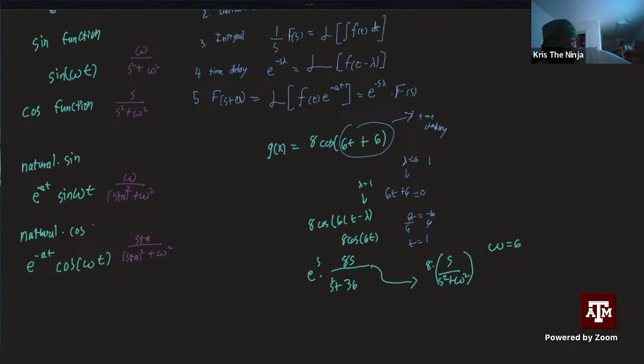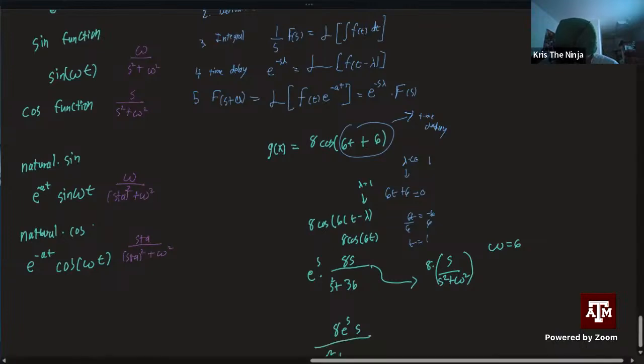So to simplify that together, we will now have 8 times e to the s times s over s squared plus 36.